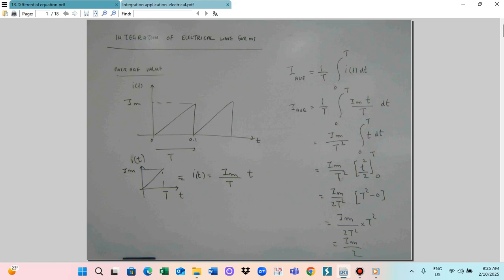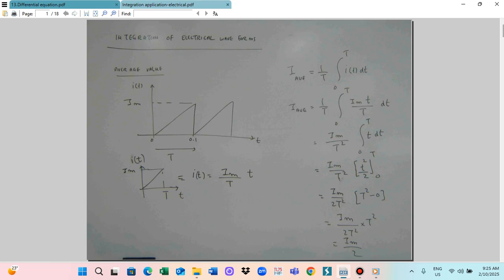Substitute the limits from T to 0. The upper limit is T, the lower limit is 0. So the function t integrates to t square by 2, and you substitute the upper and lower limits. So Im by T square, divided by 2, times T square minus 0.